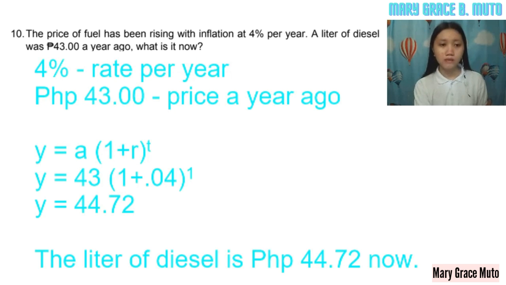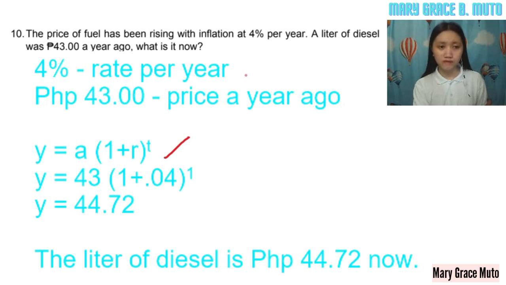Okay, so for problem number 10, this is just similar to problem number 9, which involves a quantity that is increased by a fixed percent per year. So this could also be modeled by the equation y equals a times the quantity of 1 plus r raised to the power of t, where a is the initial amount and r is the rate increase expressed in decimal.